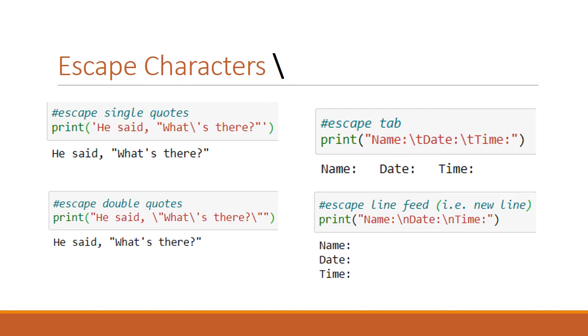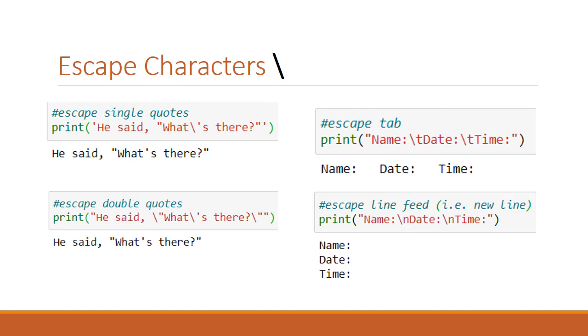In the third example, we want to insert tabs within our string. A tab is a \t. So in this example, we have name, tab, date, tab, time, and our string includes those tabs.